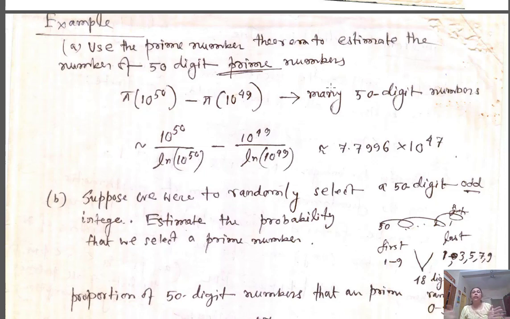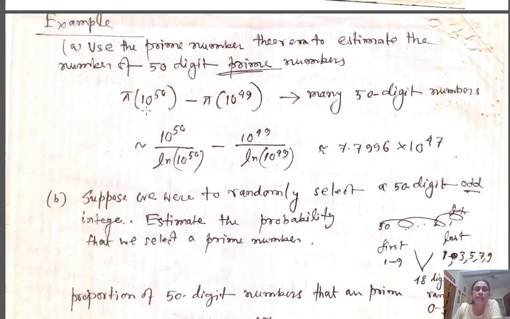All the 50-digit numbers lie between 10^49 and 10^50. 10^50 essentially is a 51-digit number, and 10^49 is 50 digits. Within the range from 10^49 to 10^50 you get all the 50-digit numbers.